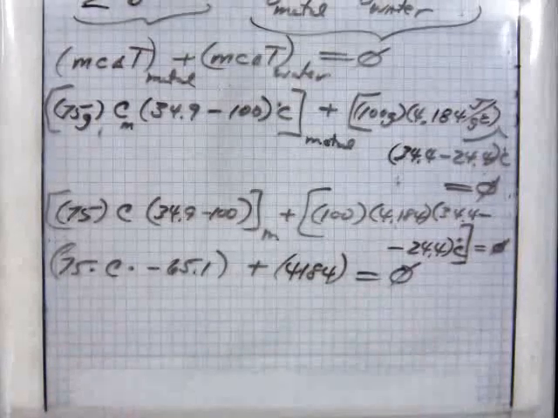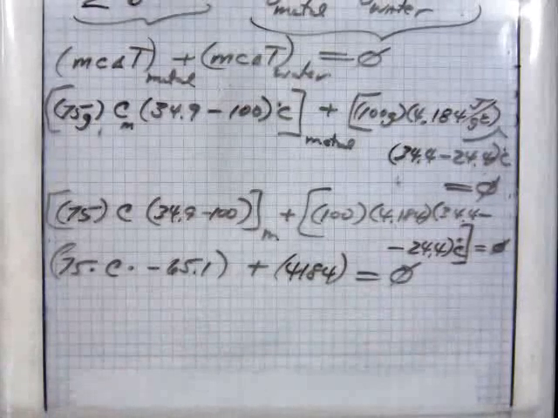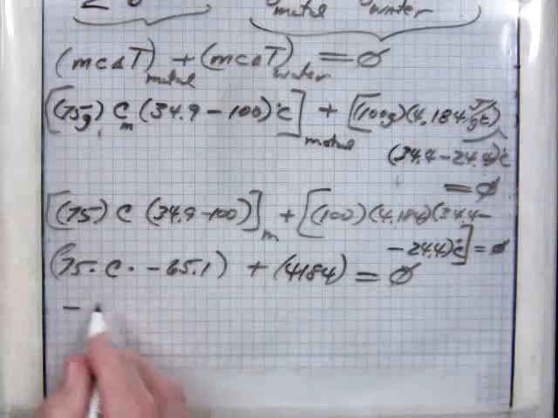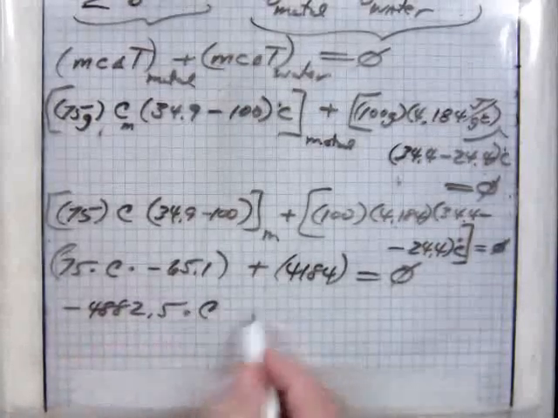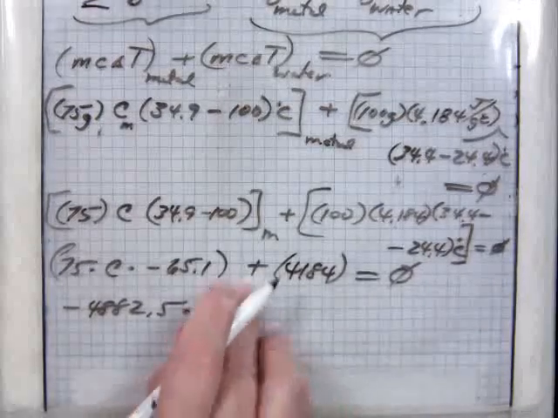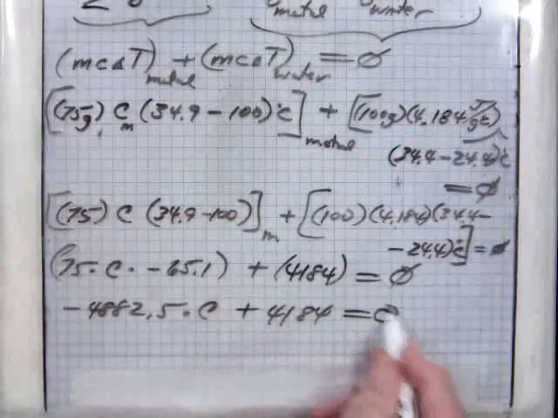Y'all buy that? Okay, so let's get the 65.1 times 75, which equals minus 4882.5 times C, plus 4184, all equals 0.